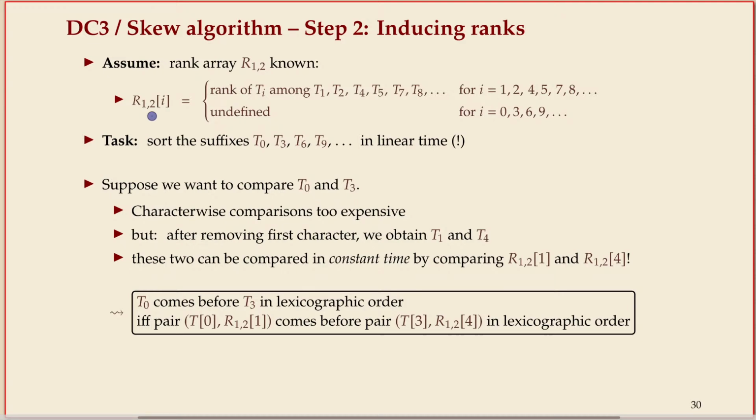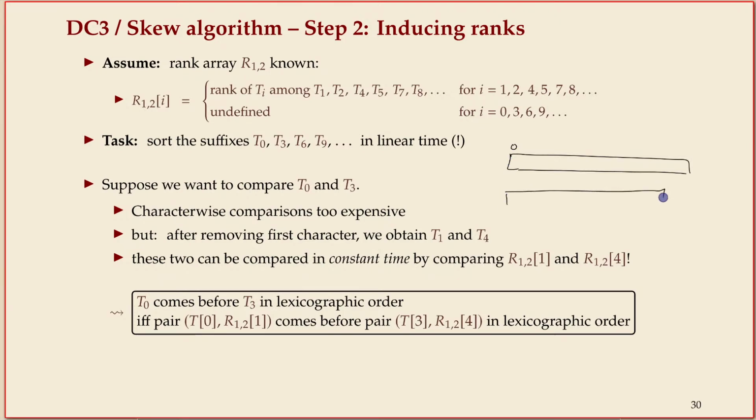So suppose we would like to compare two suffixes, one that starts at 0 and another one that starts at 3. We can't just go character by character because that would definitely be too expensive. In the worst case, if the text is really strange, it could take linear time. But if I chop off the first character, then I have something that starts at position 1 and at position 4 in this case.